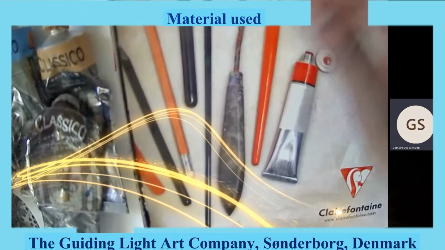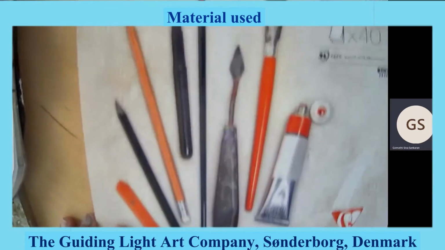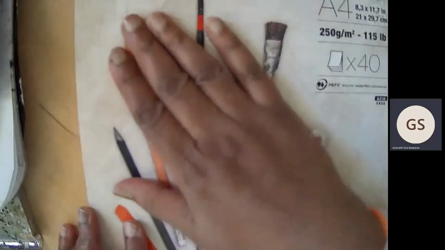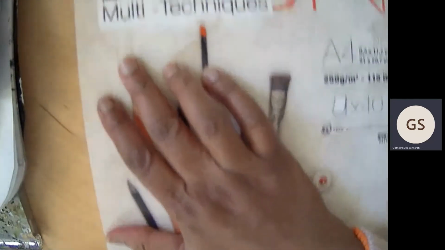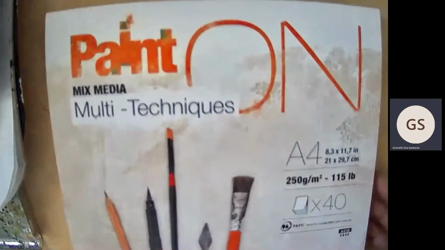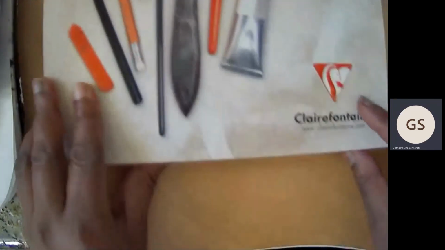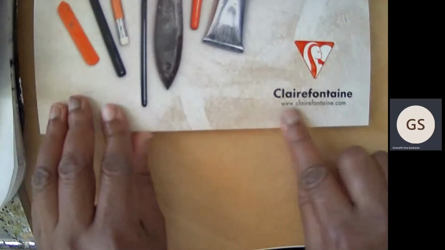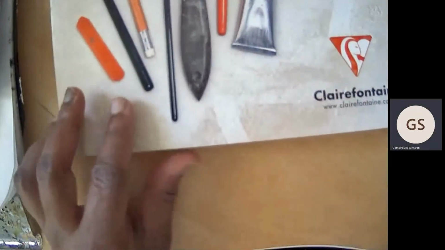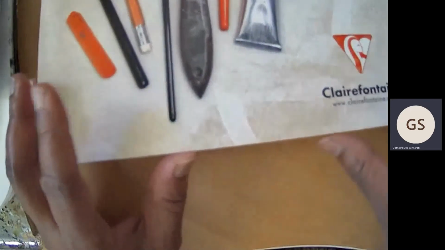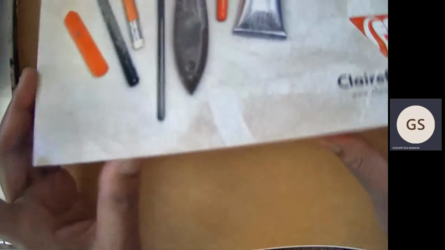Let's see what all we have. I'm going to use today a multimedia or mixed media paper, and it's going to be A4 size. And I like this product from Clairefontaine. It helps me make very good tonalities and also be able to do a bit of layers.